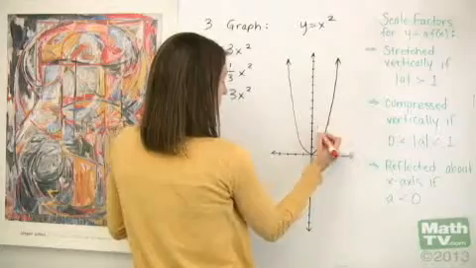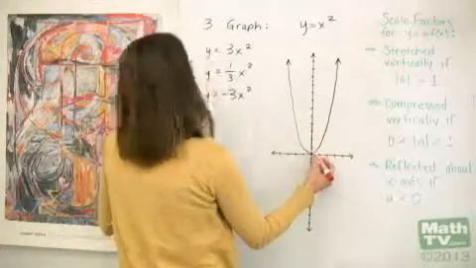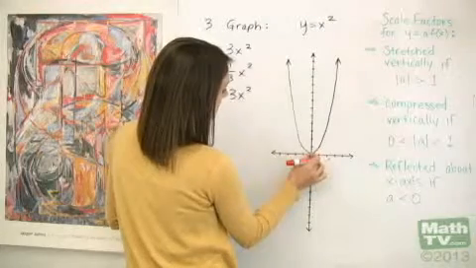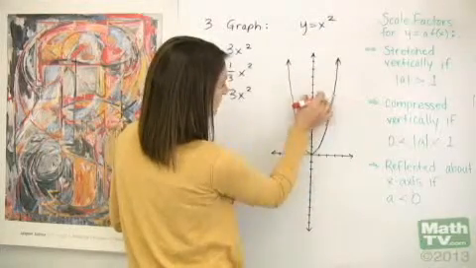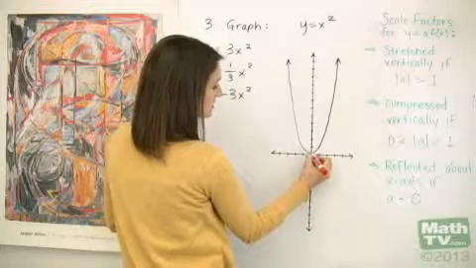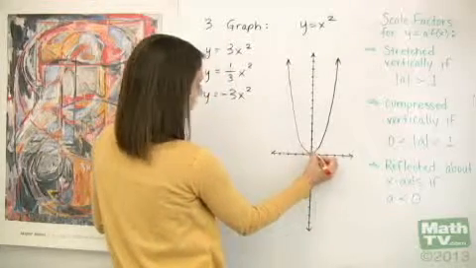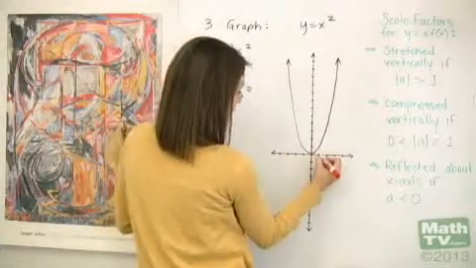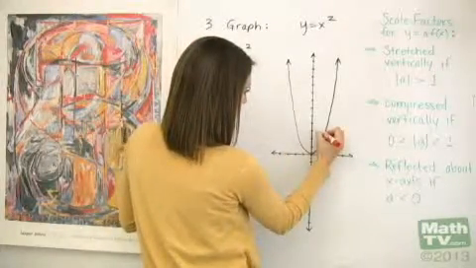So let's see what it looks like. If we were to start with our y equals x squared, let's plug in some values here. Stretching vertically means that it's going to be a little narrower than our original basic graph. It's still going to start at 0, 0. But for our next point, let's do 1, and plugging that in, 1 squared times 3 is 3, so we have a point of 1, 3.